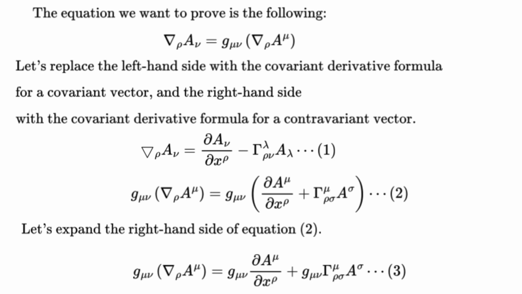The equation we want to prove is the following. Let's replace the left-hand side with the covariant derivative formula for a covariant vector, and the right-hand side with the covariant derivative formula for a contravariant vector.